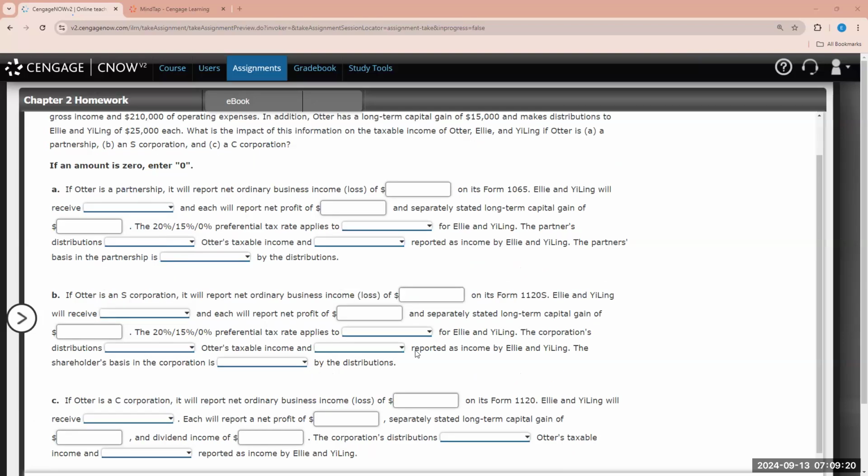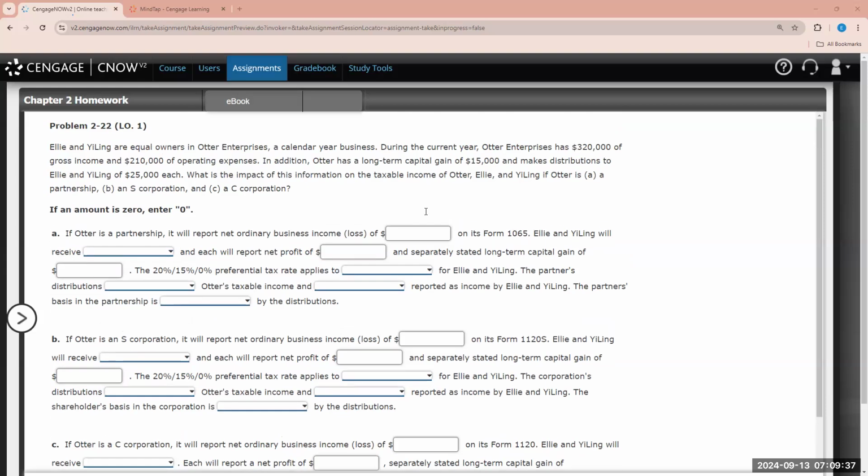So in the event that it's a partnership, again, a partnership is a pass-through entity. So the income passes through to the individual partners. So if Otter is a partnership, it will report net ordinary income.